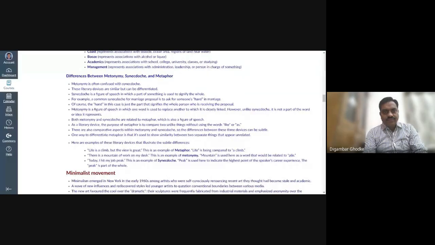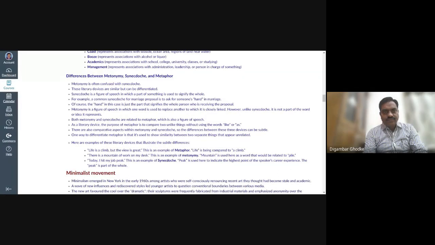But both metonymy and synecdoche are related to metaphor. And we just now understood that metaphor is a figure of speech. As a literary device, the purpose of metaphor is to compare two unlike things without using the word like or as. There's a comparison. And there are also comparative aspects within metonymy and synecdoche as well.